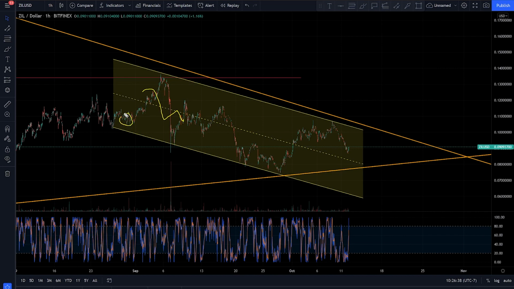As you can see, every time the price swings up, tests the resistance, gets rejected, drops, tests the support, and bounces right back up. Same as here, swing up, test the resistance, get rejected. So here we are looking at Zilliqa trending down within this downward channel, and outside of this downward channel, we have this symmetrical triangle.